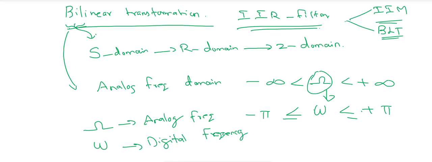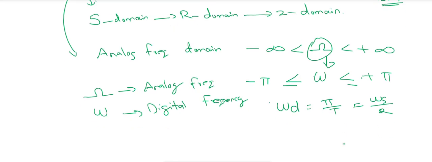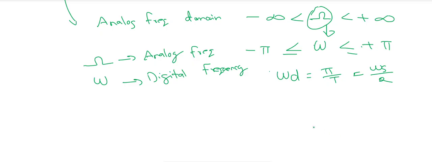For the digital frequency, the sampled frequency, the desired frequency, is pi by T, which is equal to omega s by 2. The sampling frequency is 2 pi by T. This is the desired frequency. So it is a straightforward method.